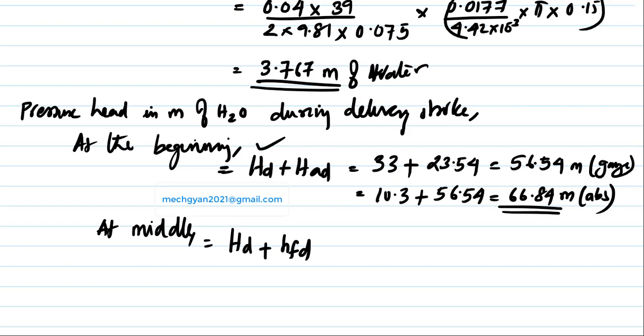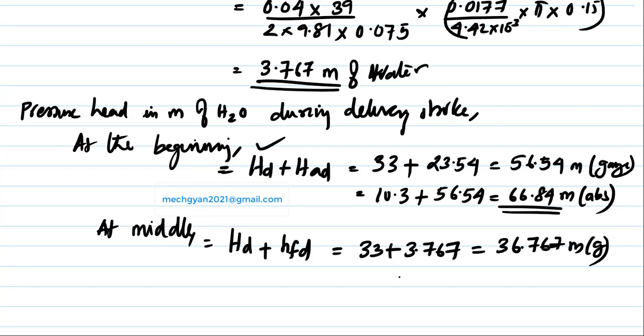HFD we got as 3.767. So that is equal to 33 plus 3.767, that is 36.767 meters which is gauge.